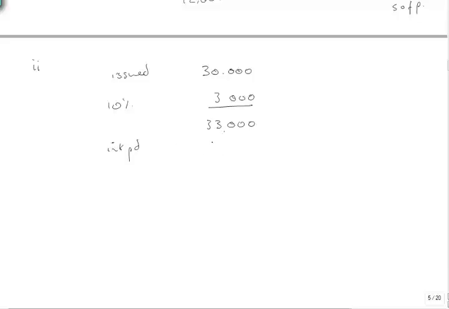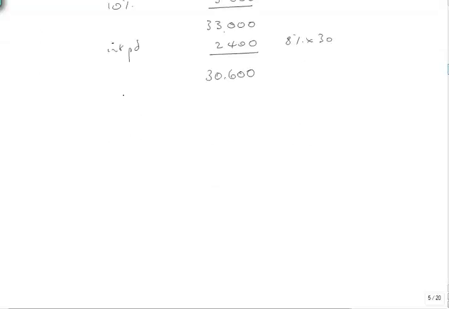Interest has been paid in the first year to 09 of 2,400. That's 8% of 30, and therefore it's carried in the figures that we're given at 30, and that's where the figure 30,600 in the trial balance comes from. And that's up to 09. What we've now got to do is do this year. So we've got 10% again this year, that's 3060, that's 33,660, and we have paid interest for 2010, that's been paid, of 2,400.